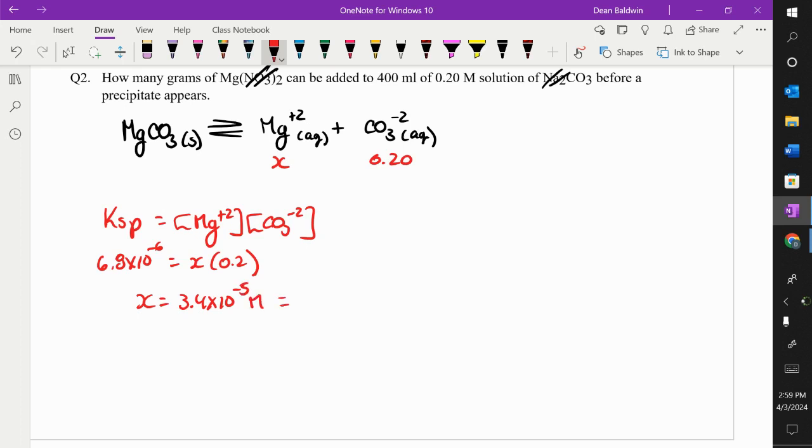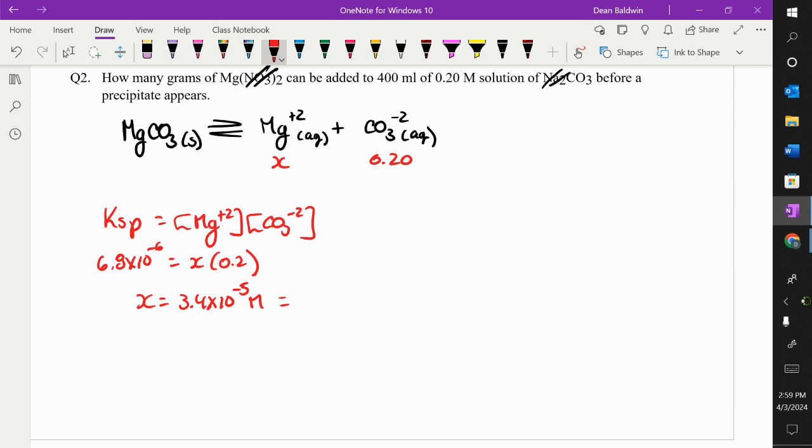What does that represent? That represents the concentration of magnesium, but because this is a 1-to-1, it's also the concentration of this, right? Does that make sense to everybody? If I know this, I know that that's the same.